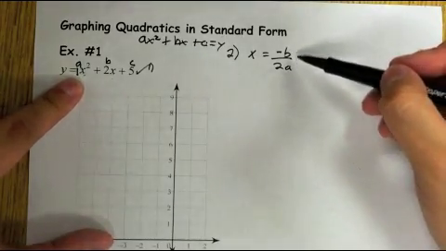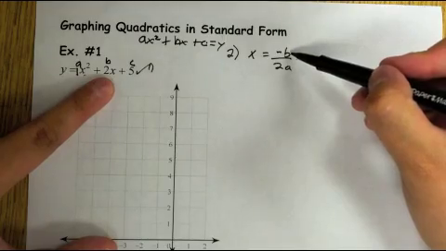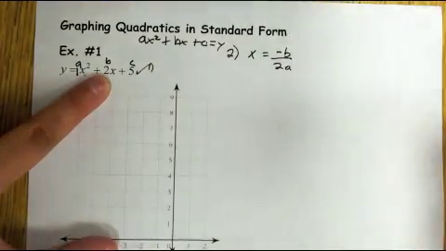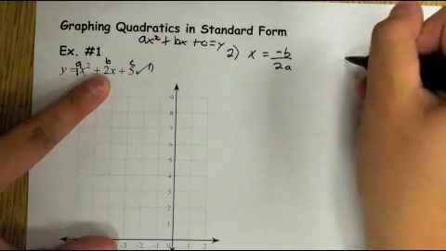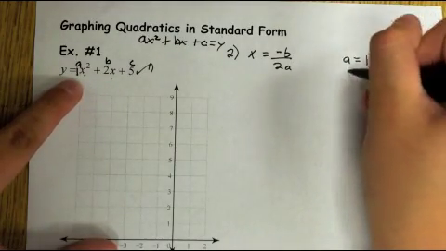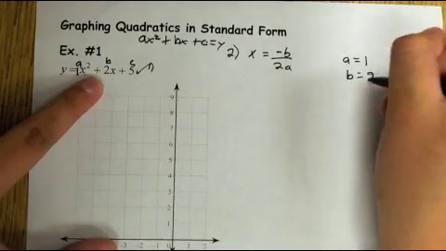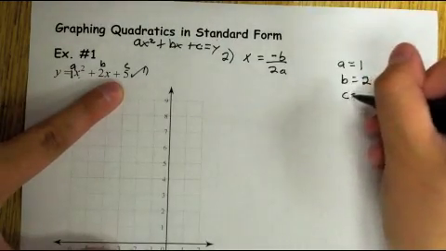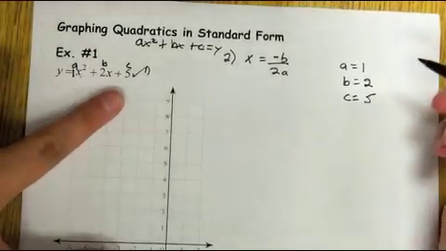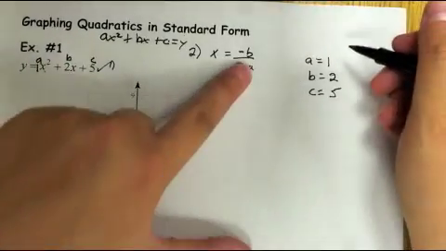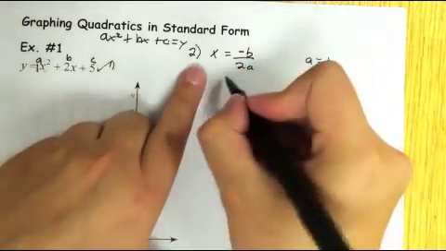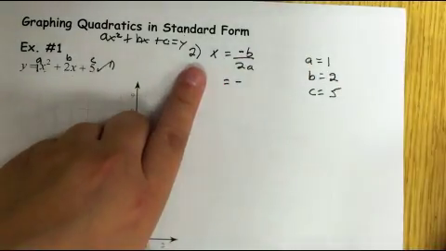Okay, so do you think we can use this now? Sure. What is our b value? Well, I like to even pull it out so that I have it ready to go. A is 1. B is 2. C is 5. So let's look. What's going to go into b? A 2. Leave the negative there.